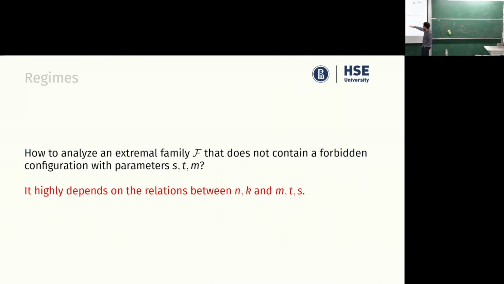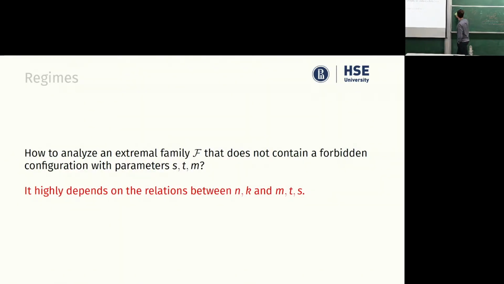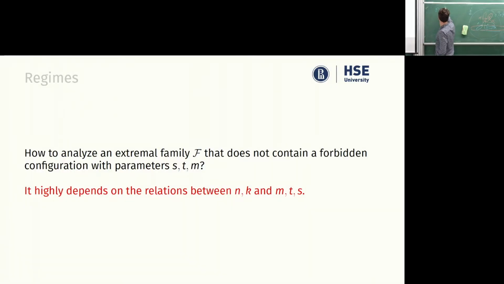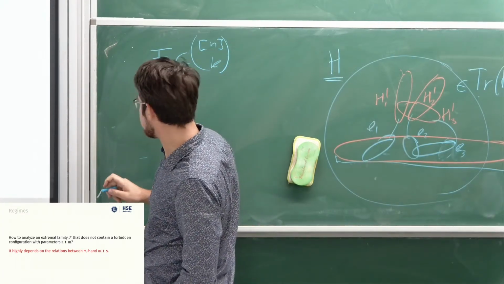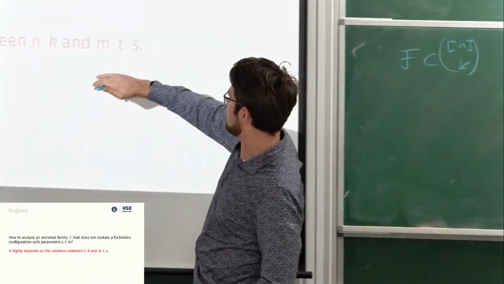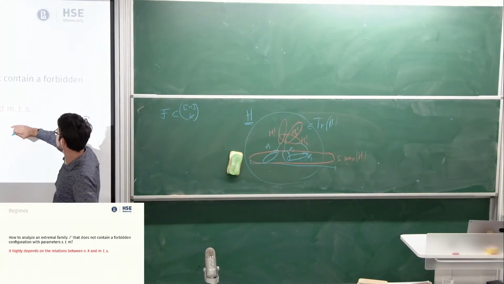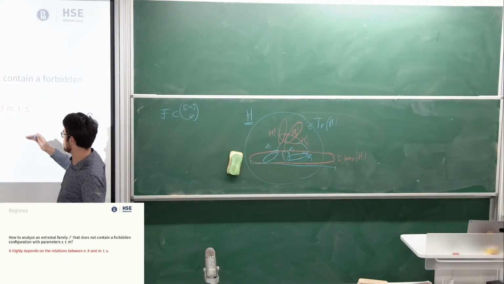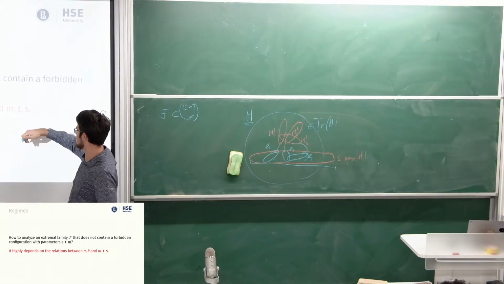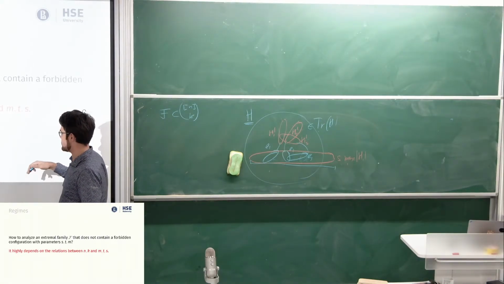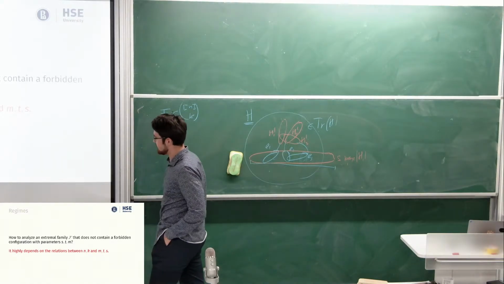So we have a family F in n choose k that forbids a configuration such that it has size S, and the complexity of making this monotone is M, and the down-closed family of configurations contains sunflowers with the core of size at least T minus 1.